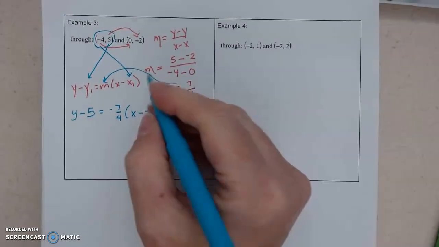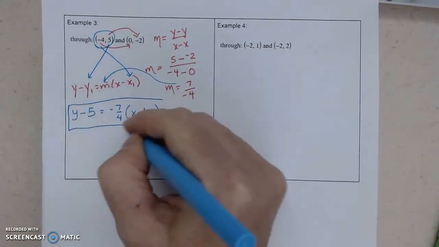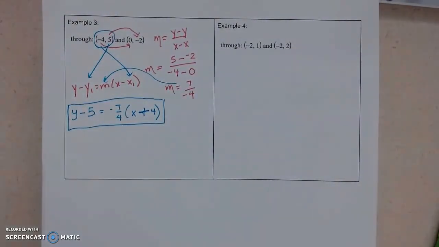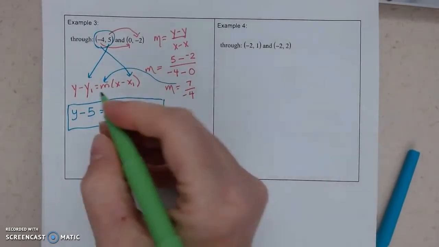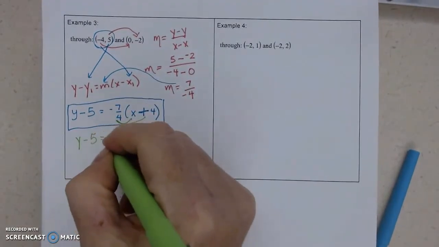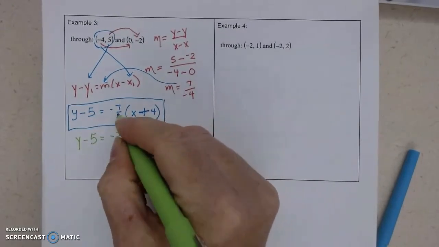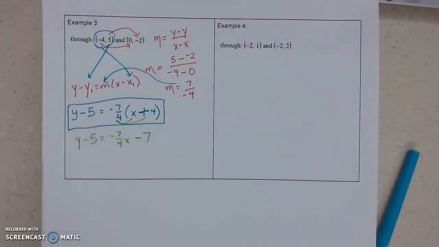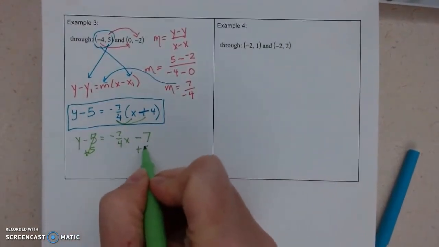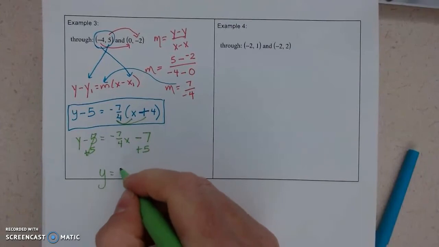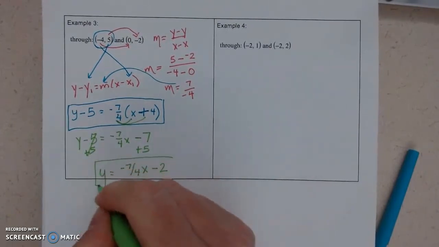Once I change two negatives to make a positive, this would be our point-slope form. For slope-intercept form, we're going to distribute. So y minus 5 equals negative 7/4 x minus 7, negative 7/4 times 4. We will add 5 to both sides. So y equals negative 7/4 x minus 2. And this would be slope-intercept form.